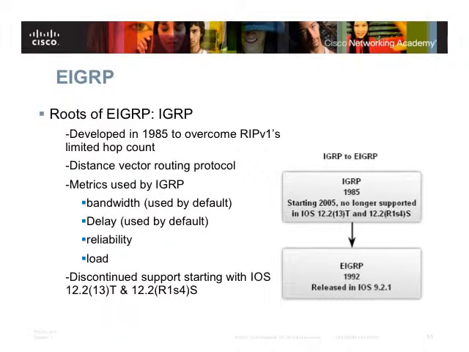This means that the bandwidth is a parameter, and it's based on the type of the link, but it does not change in real time. Okay? So these two parameters are not supposed to change in real time. Okay? So depending on the type of the link, if you have, for example, 10 gigabit Ethernet, then this bandwidth will be 10 gigabit Ethernet. That's it. It does not change over time.